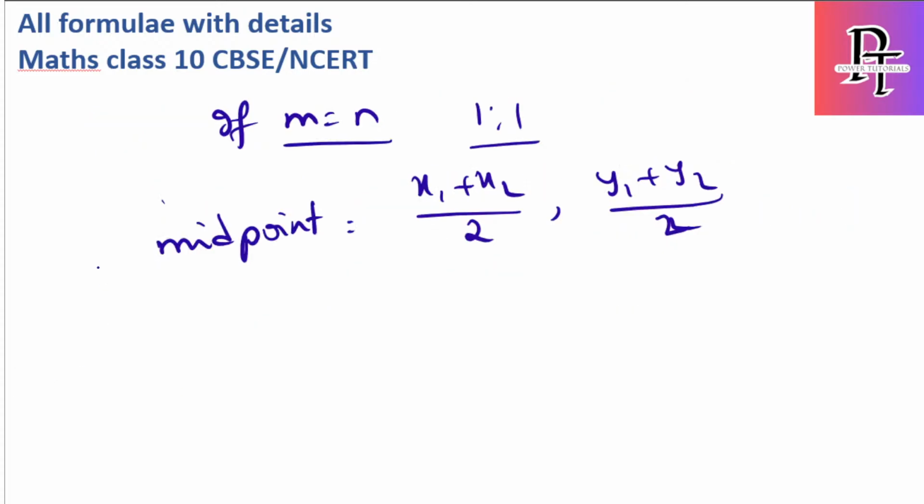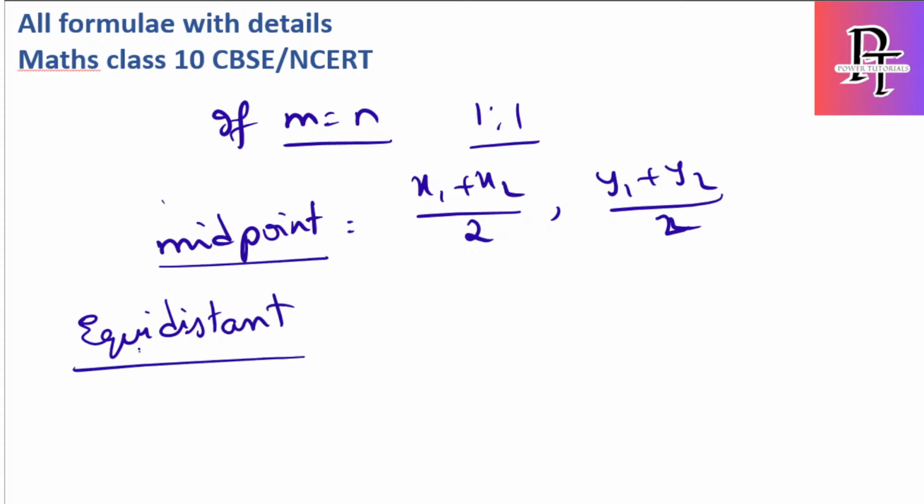Okay, then we have one more concept from this chapter, which is equidistant. So don't consider equidistant and midpoint as the same, because this is different. Let's understand the meaning. Equi means equal, and what is equal here? Distance is equal.